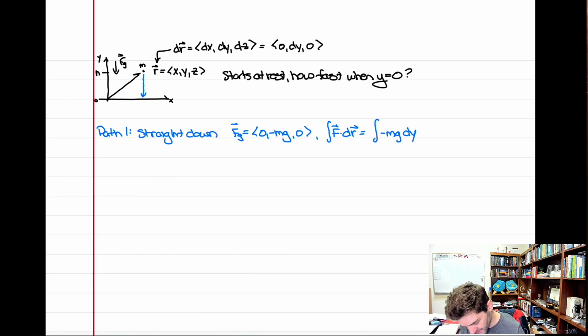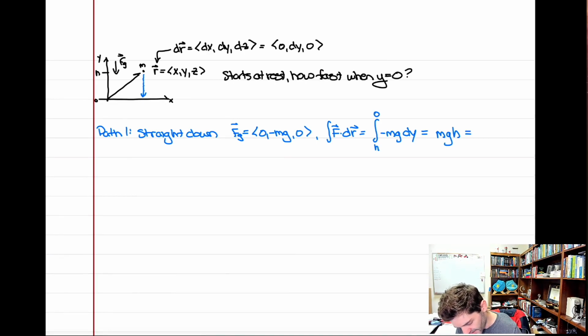In this case, I'm starting at y equals h, and I'm ending at y equals 0. So that would be the path that starts at y equals h and falls straight down. There's no dx, there's no dz. And it actually turns out even if there was, it wouldn't matter, since the dot product would get rid of the x and the z terms. We'll do a more complicated example later. And then notice that this just ends up being mgh.